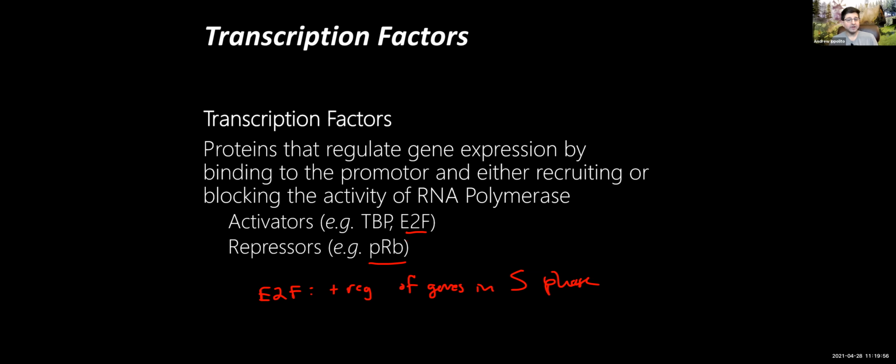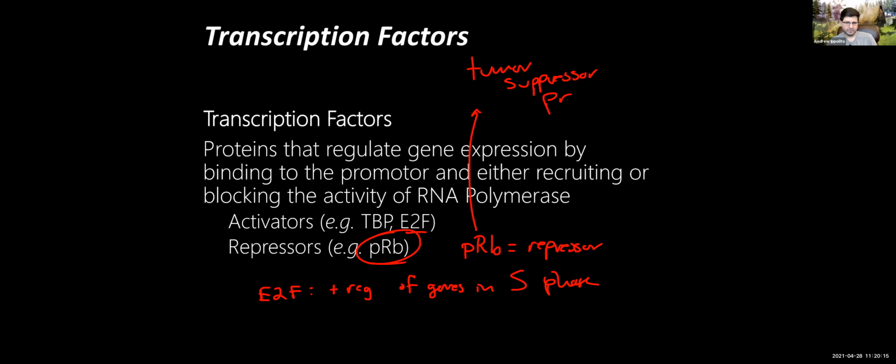Then RB, the retinoblastoma protein, pRB, is a repressor. It also happens to be the first tumor suppressor discovered. A tumor suppressor, as its name suggests, suppresses the growth of transformed cells.